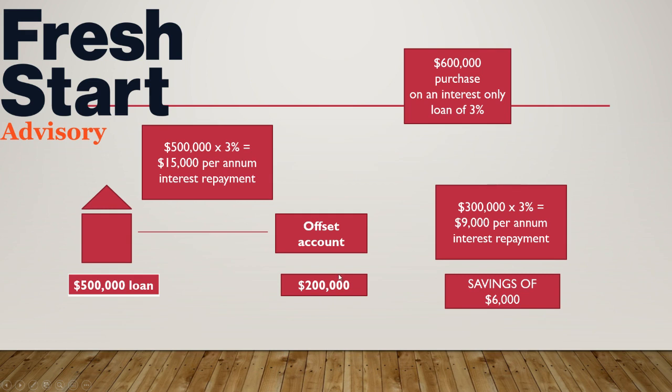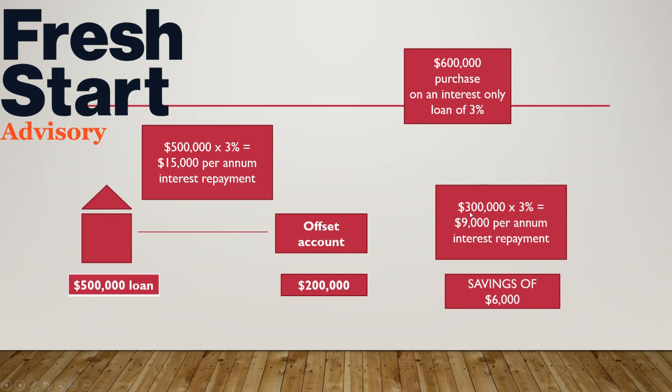Okay. So from a bank's perspective, and more importantly from a purchaser's perspective, how this works is the bank will look at your offset account and say, okay, great, you've got $200,000 in there. We're no longer going to charge you interest on the full $500,000. We're going to charge you interest on whatever you have in there minus, so $300,000, as you see here.